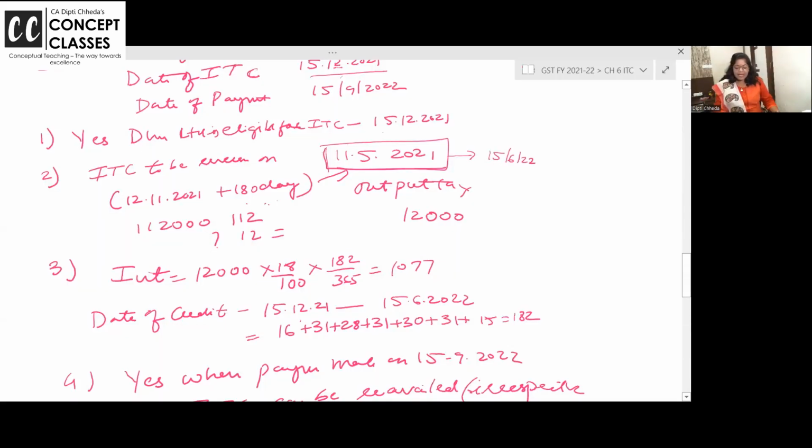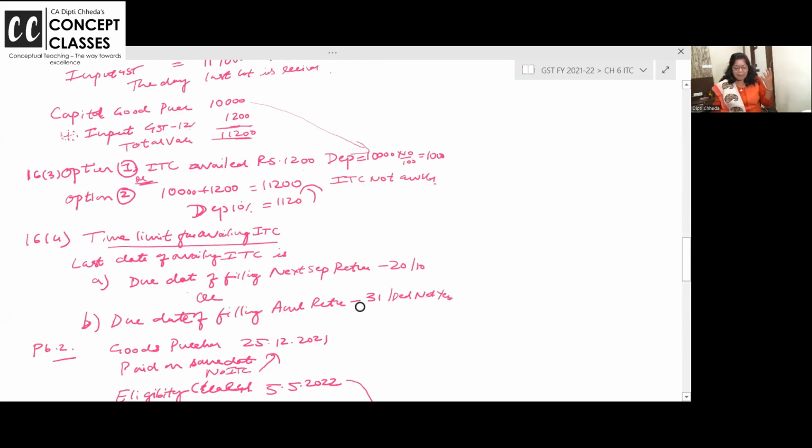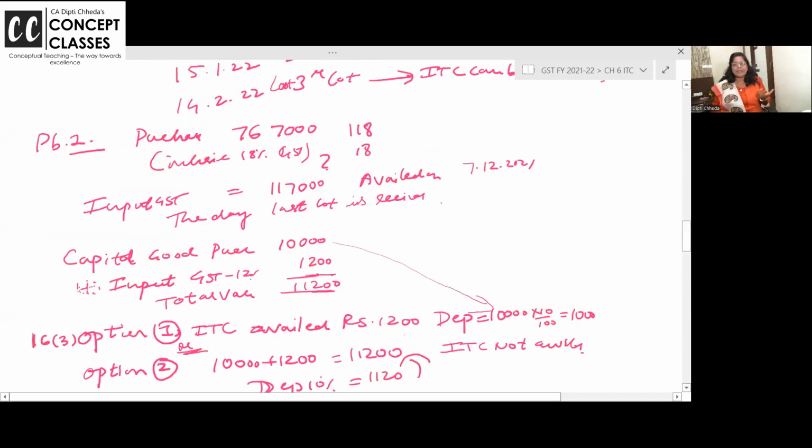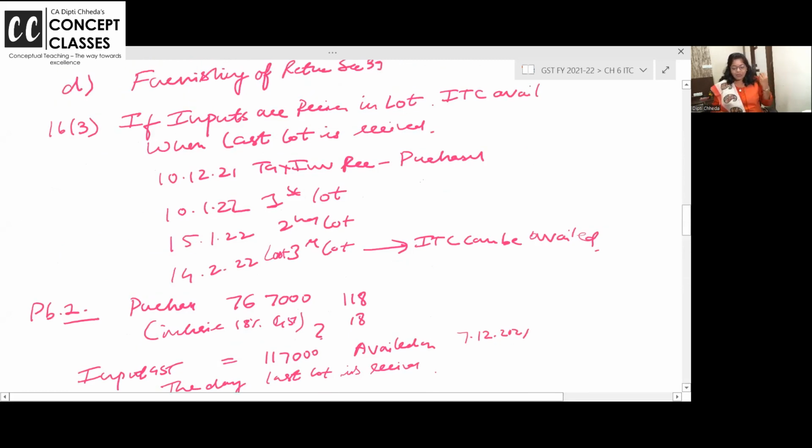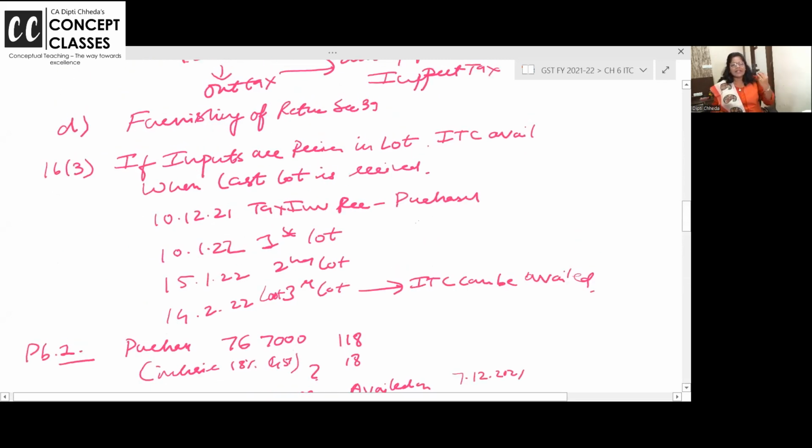All right. Now before we start, I would like to clear all your doubts. Let us revise quickly from the running notes what we did in the last class. Input tax credit is like the pumping heart of the GST syllabus. It is about what you can avail credit on: whatever you are buying, raw material or finished goods, other services you are availing for your business, or capital goods you are buying for your business.